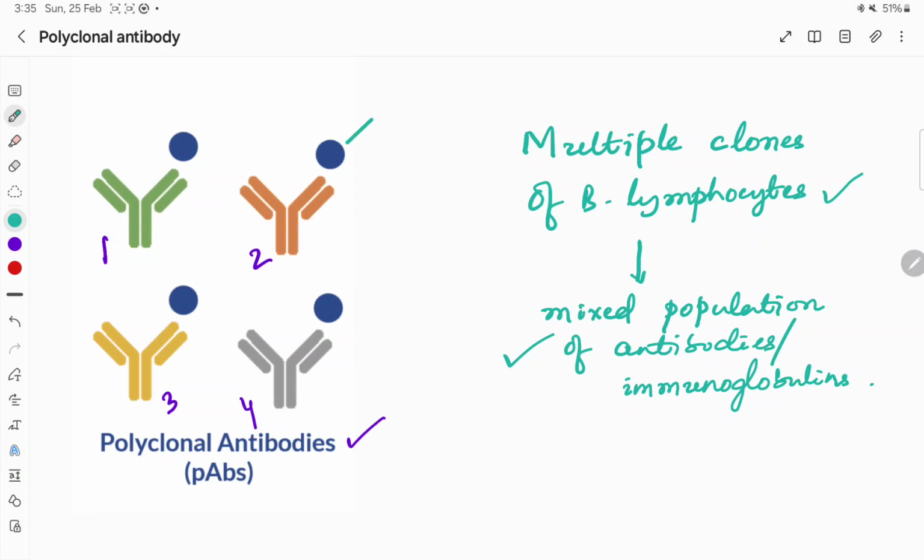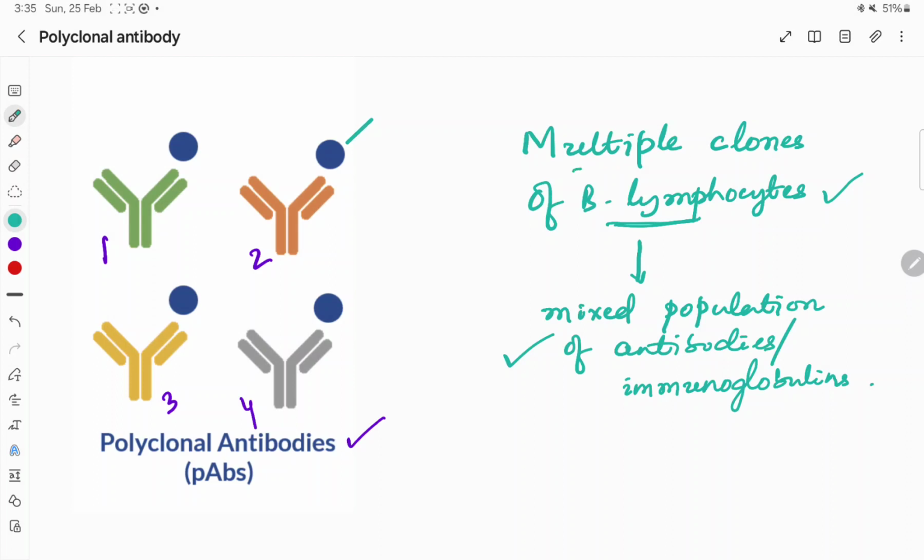Suppose this is the antigen. When this antigen is introduced into the body of an animal, the animal will produce different antibodies because each type of B lymphocyte produces a different antibody.